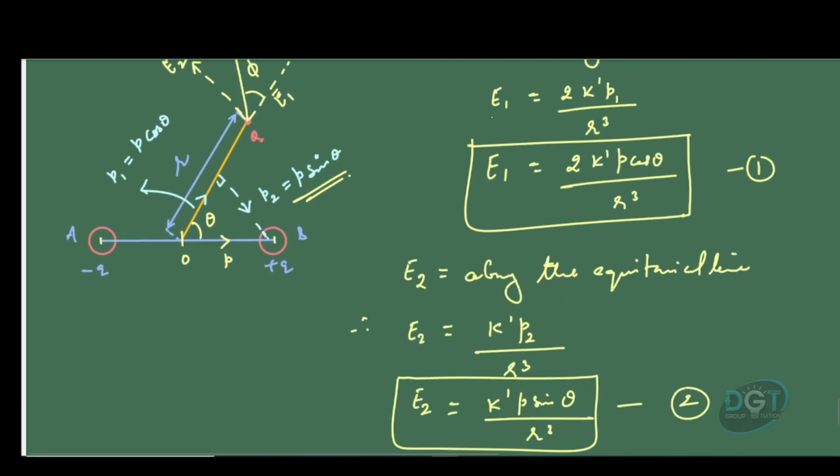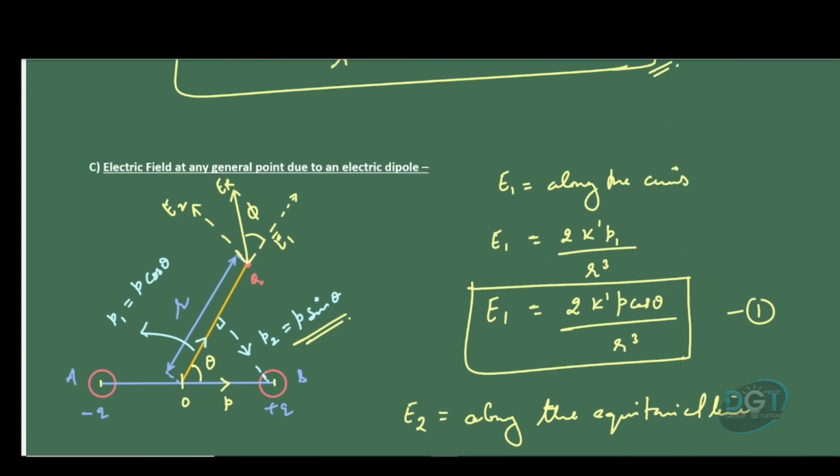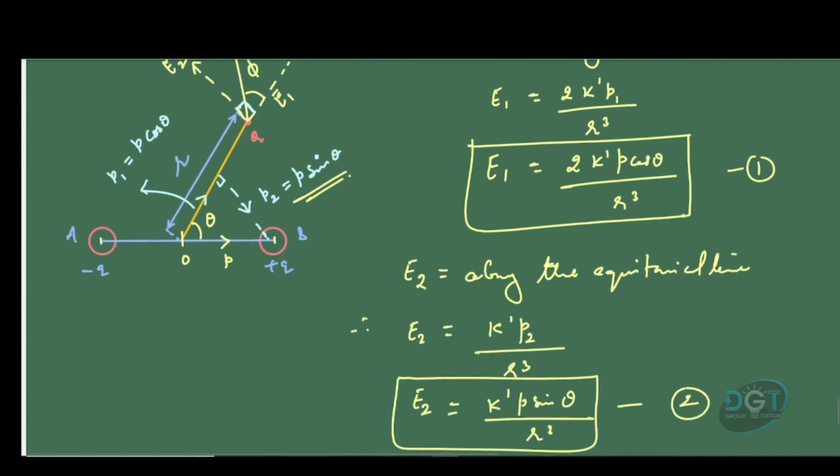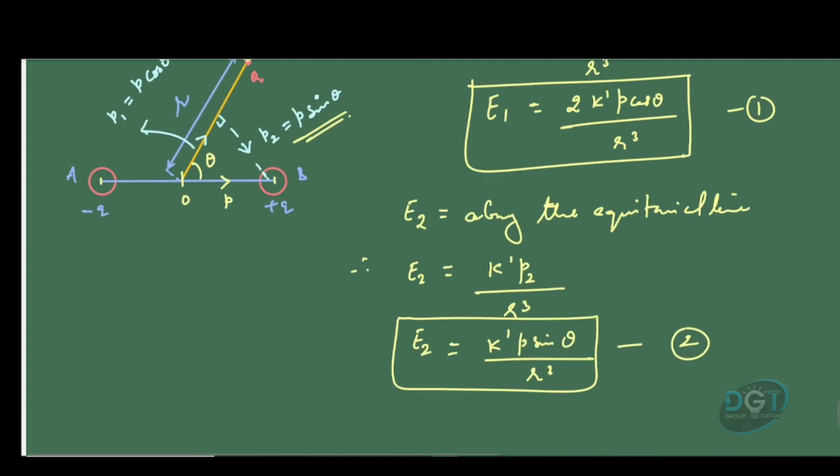Now as we can see, the angle between the two electric fields E1 and E2 is 90 degrees because they are perpendicular to each other. And the electric field is also a vector quantity.